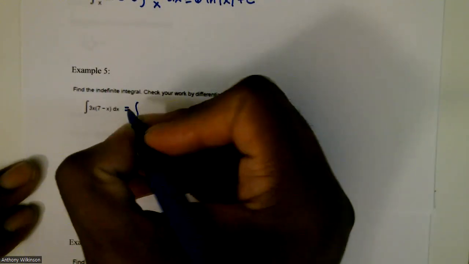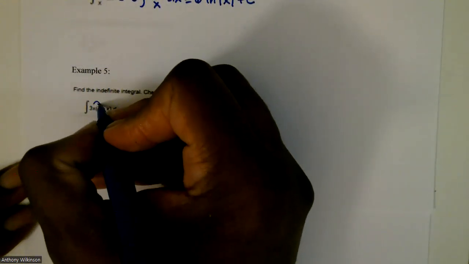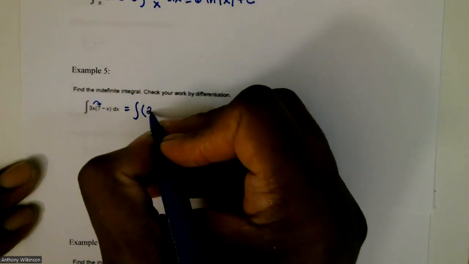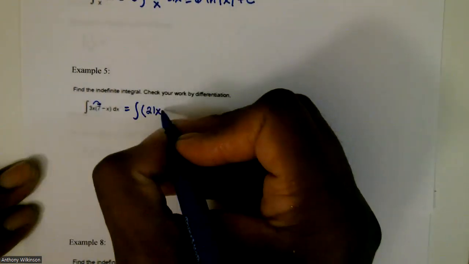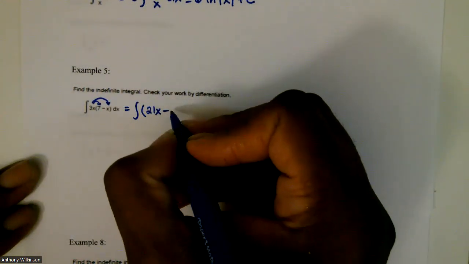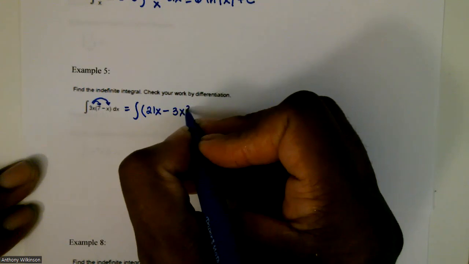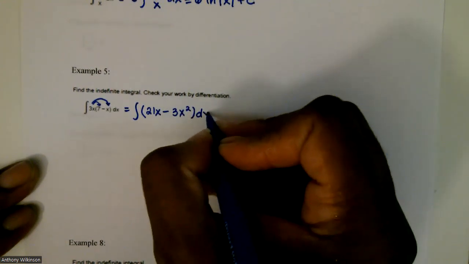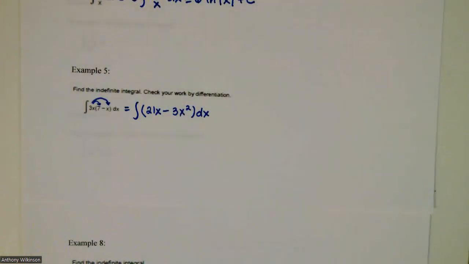So this would be the integral of 3x times 7, which is 21x, minus 3x times x, which is 3x squared, dx.